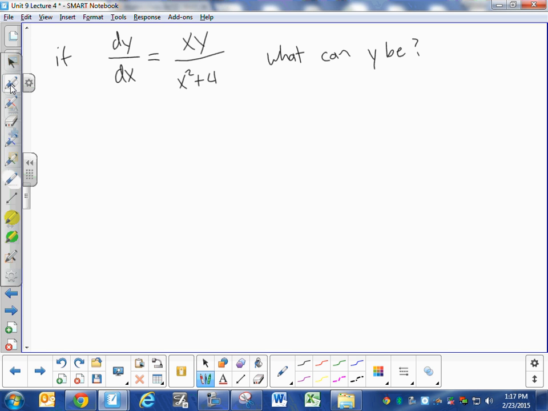First step, the most important step, is to separate these variables and to do so algebraically. Really, we just got one y that I got to get rid of, and then I can move the dx over. How do I do it? Just divide by y, or multiply by 1 over y. That will cancel with this y up here. Totally cool.